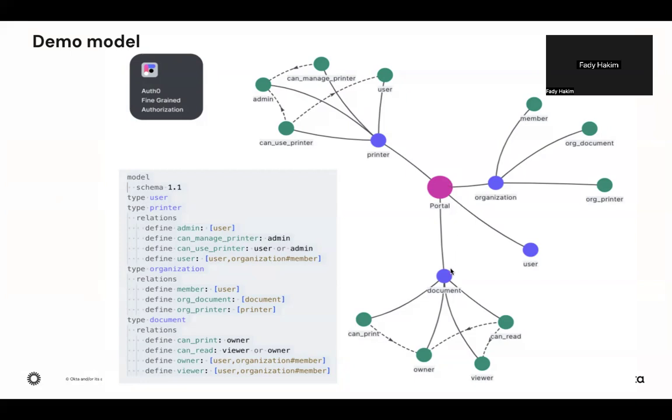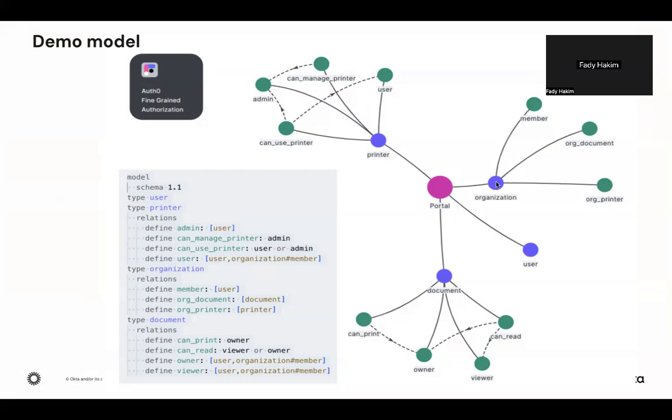In this case, forget about the document part. My objects are organizations, users, and printers. Inside the organizations, I have users, which I call members. I have printers, which I call org printers.